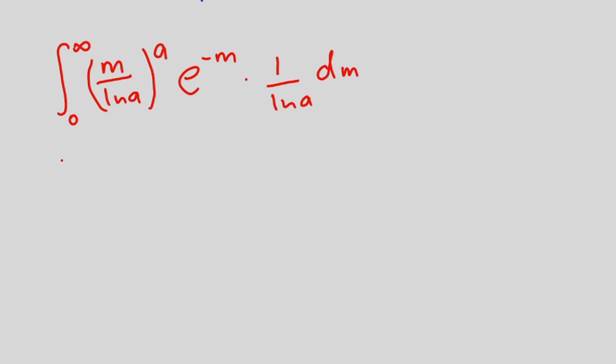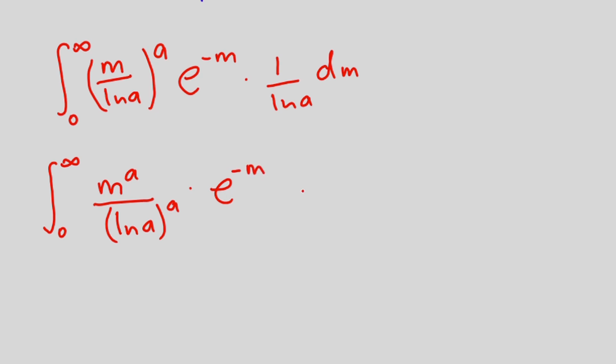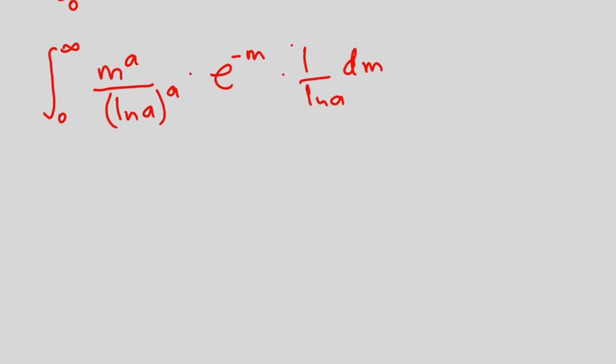Let's go ahead and simplify this. We can write this as the integral from 0 to positive infinity of m to the power a divided by ln of a all to the power a, then times e to the power negative m times 1 over ln of a dm. Now we can pull these ones out.